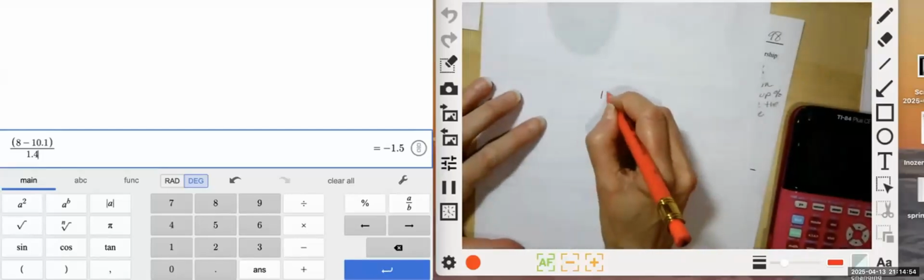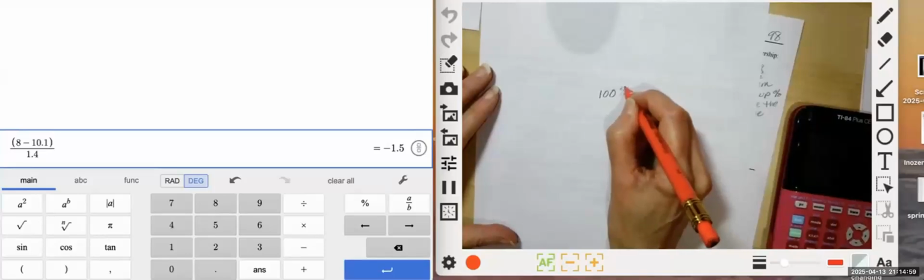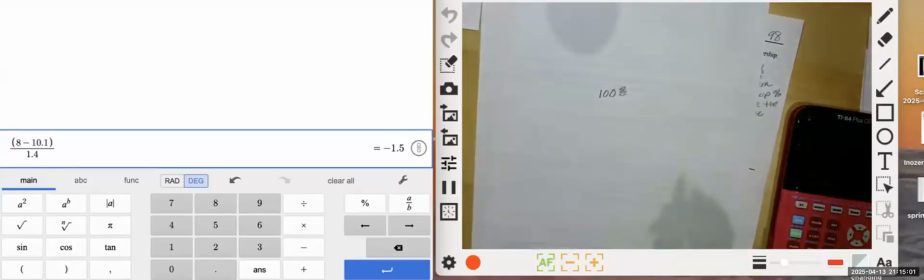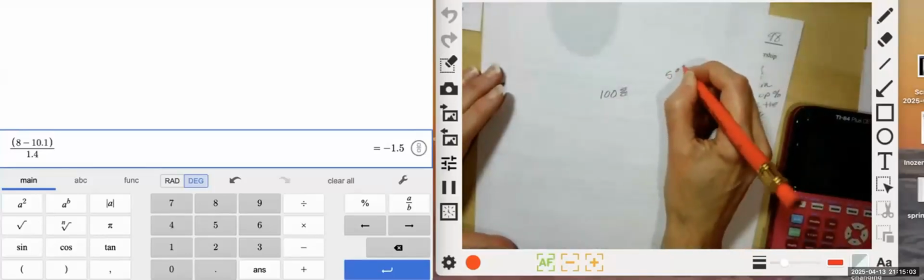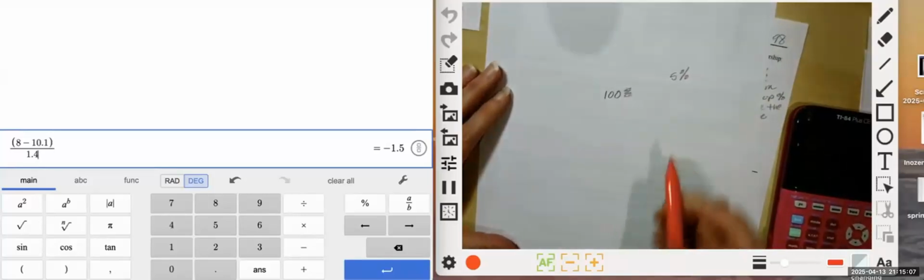Like if there were 100 people at a store, 100% of people at a store, what is 5% of that?